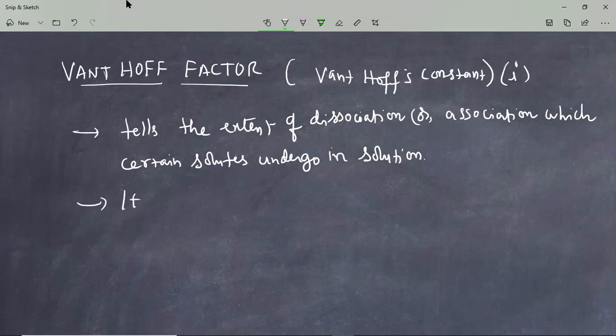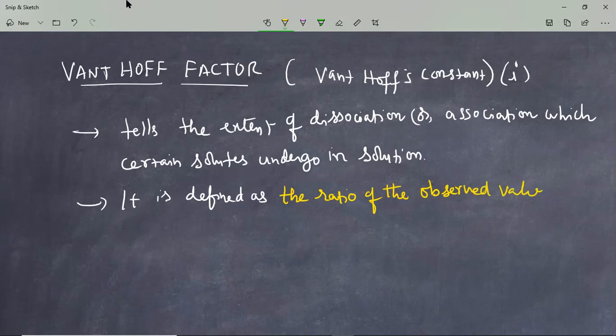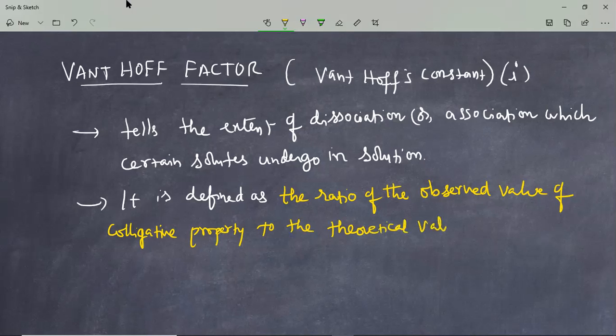So how can we define it? It is defined as the ratio of the observed value of colligative property to the theoretical value of colligative property.